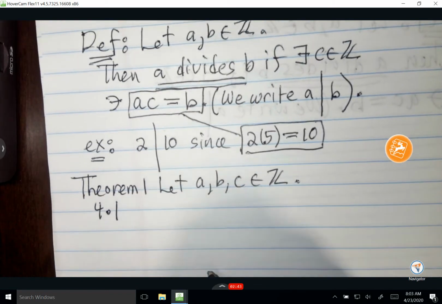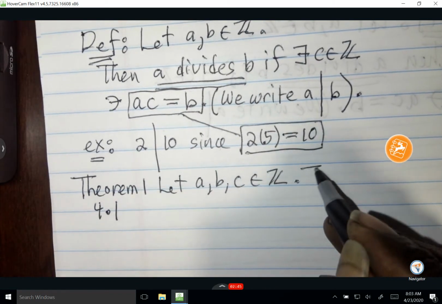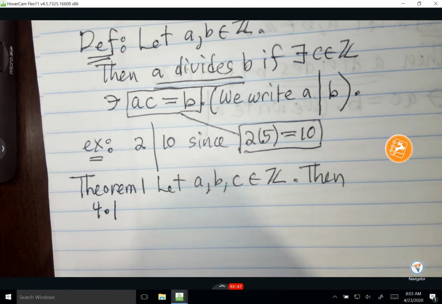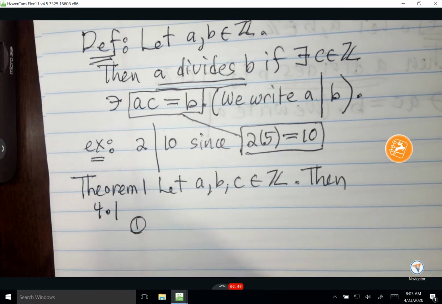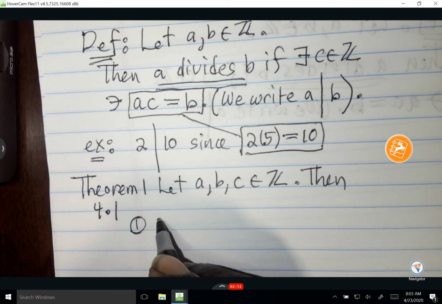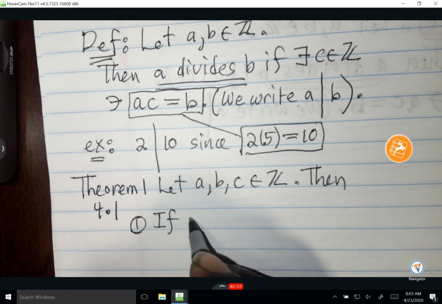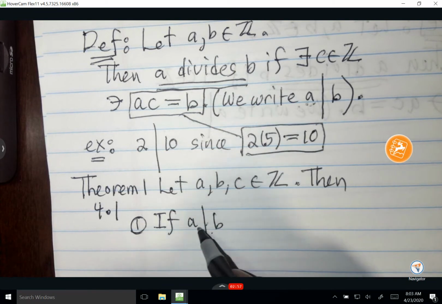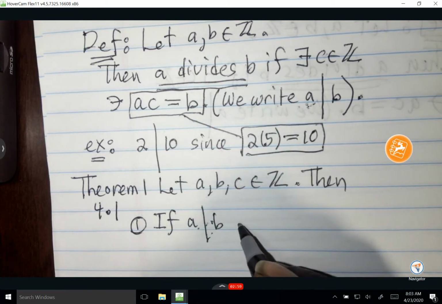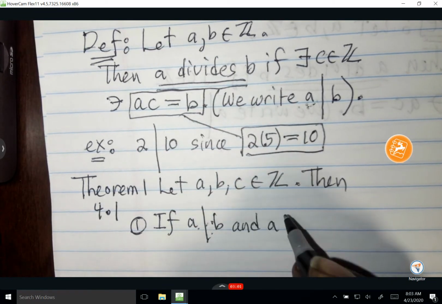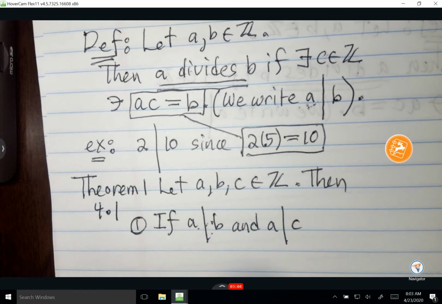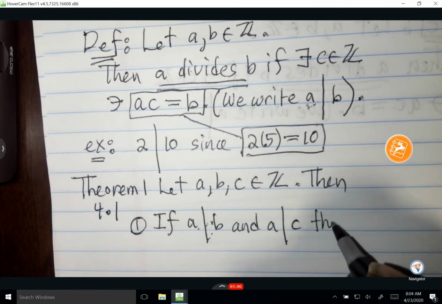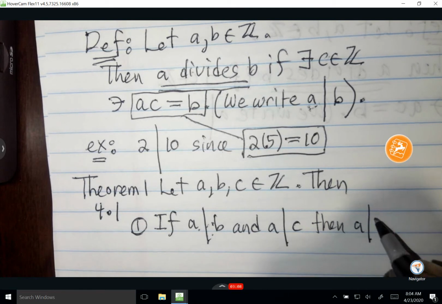Then, thing 1 that you can prove: if A divides B, and now you can see I'm using my notation here, and A divides C, then A divides B plus C.